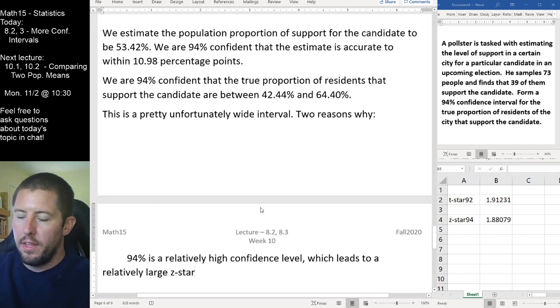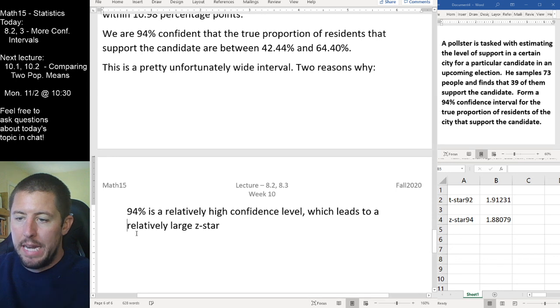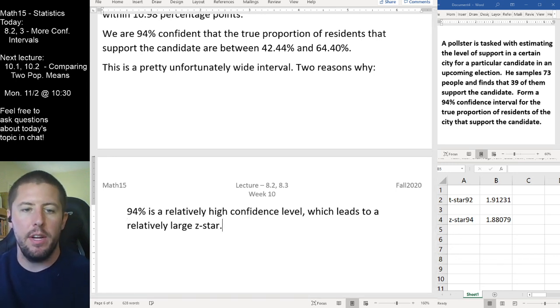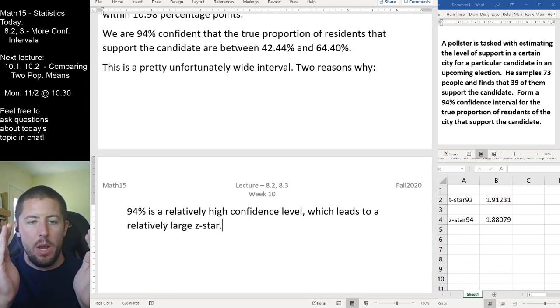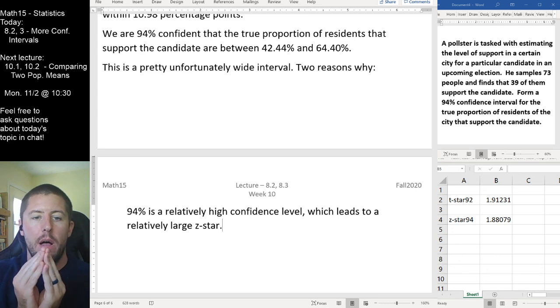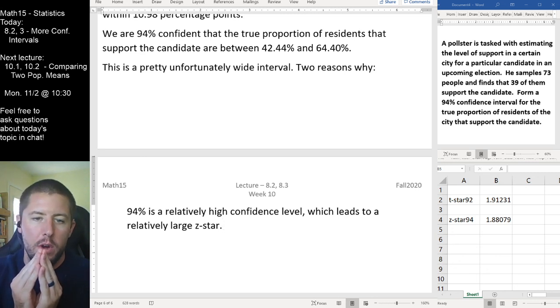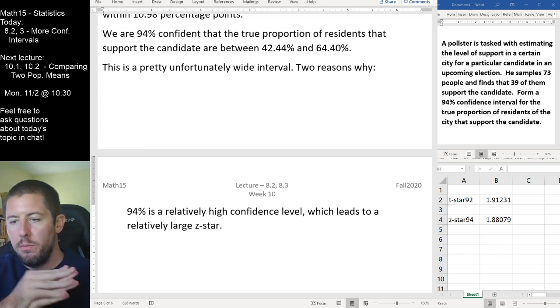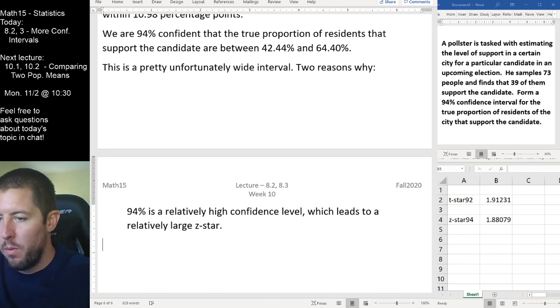Right? So one thing that's true here is that since we wanted to be 94% confident that we were capturing the true value, our interval had to get wide enough to be 94% sure. If we only needed to be 80% sure, we can make a smaller interval because we'd be okay with being wrong 20% of the time. Right? So that's one reason why that's a little bit wide.